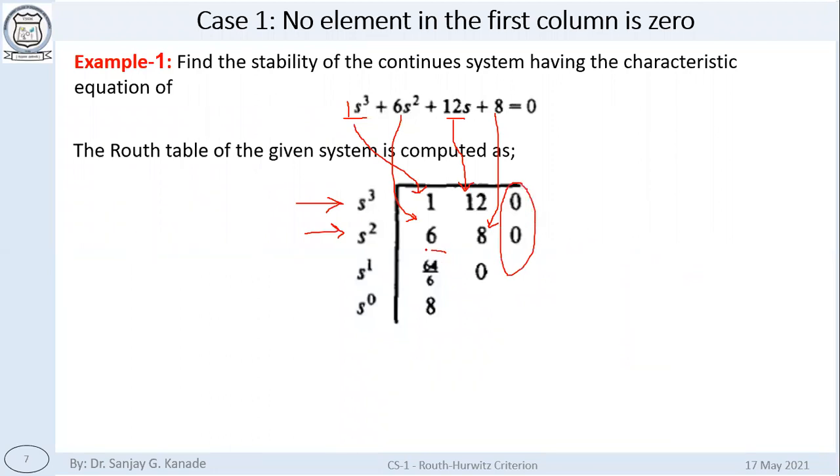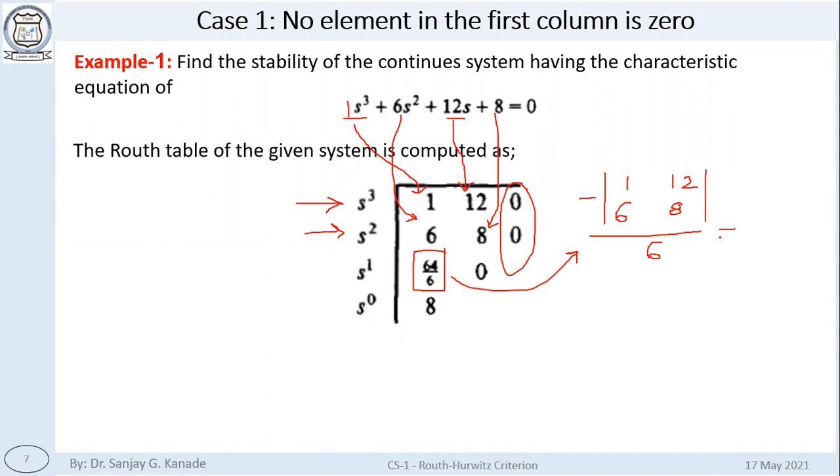Now how is this element calculated? The determinant is 1, 6, 12, 8. This is the determinant. You give negative value to that, and divide by 6.